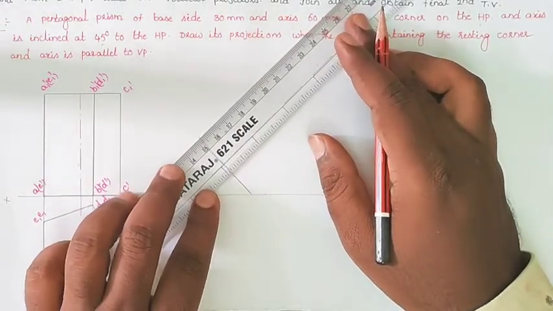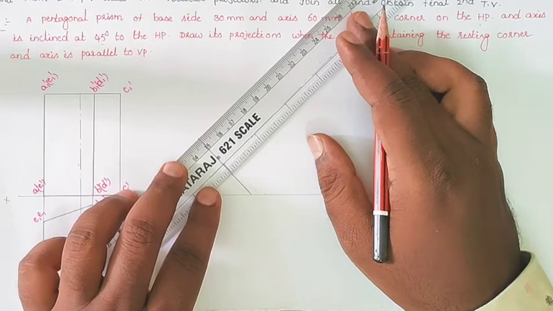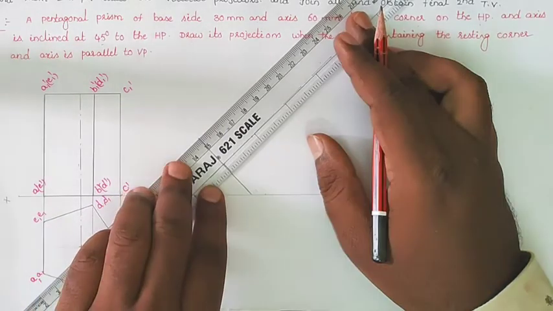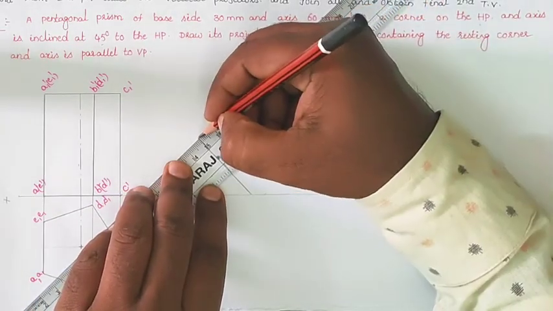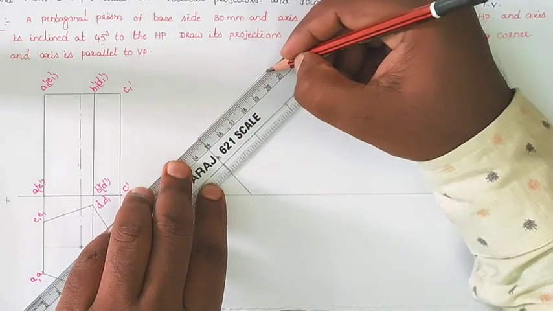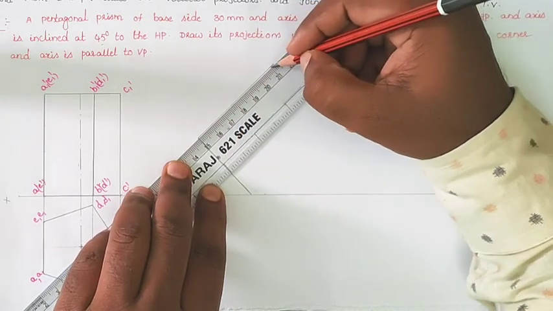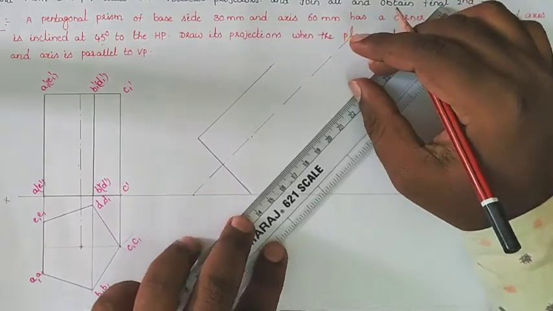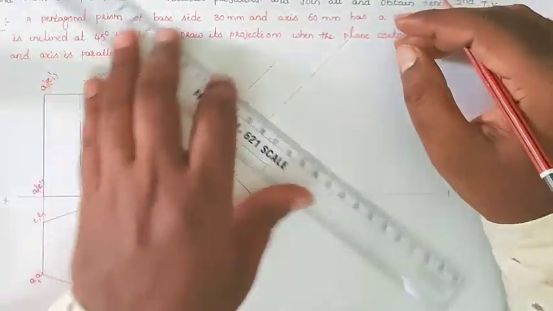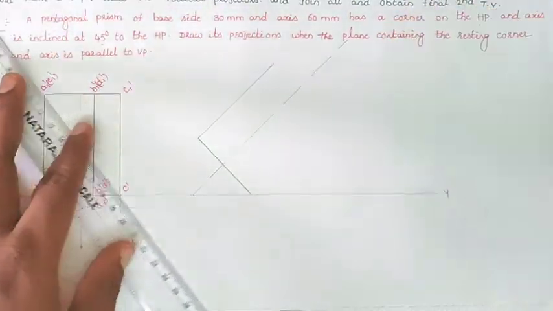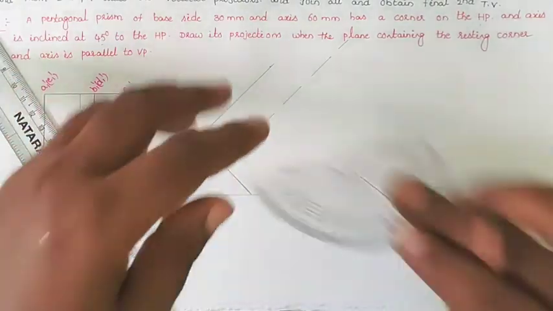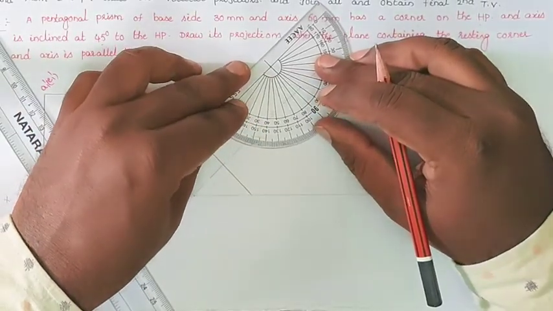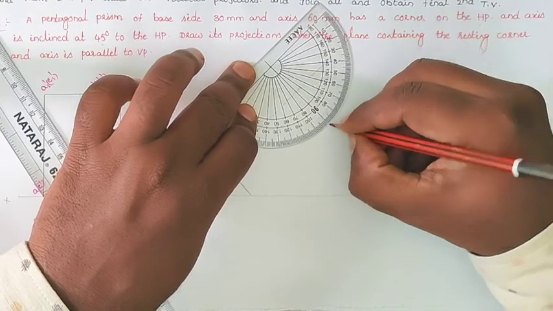Whenever you draw, we tilt the axis line with an angle of 45 degrees. So we will draw this axis. So the total is tilted in a 45 degree inclined manner. The total top view and total front view is tilted.